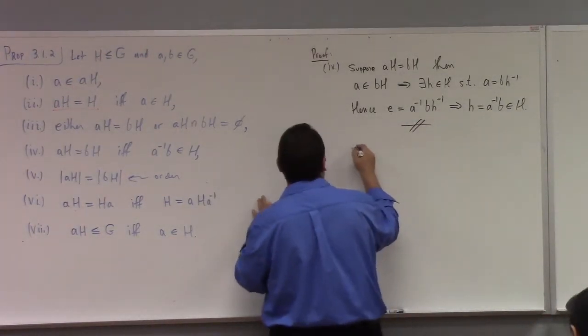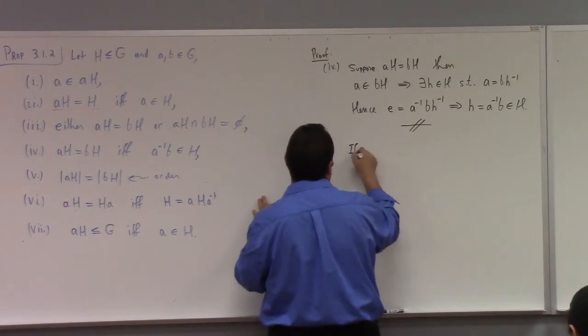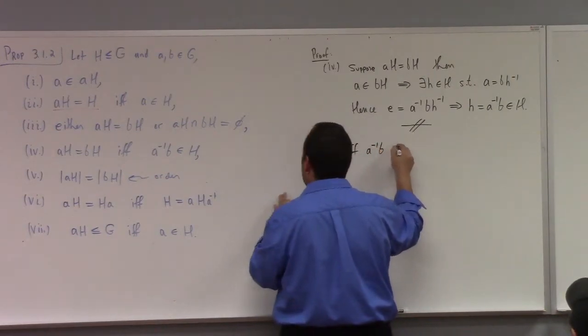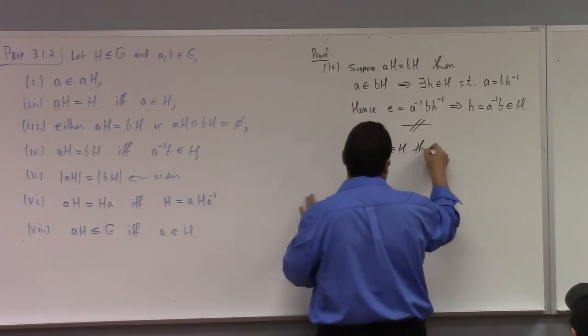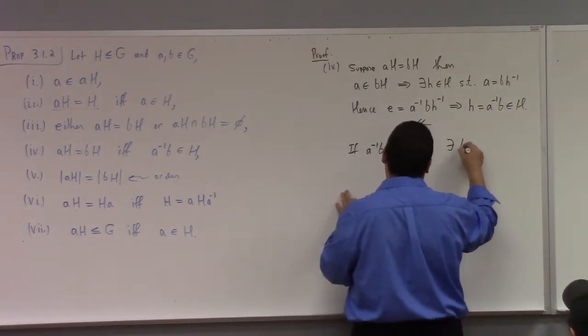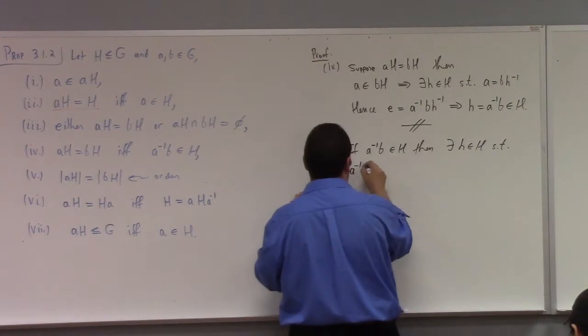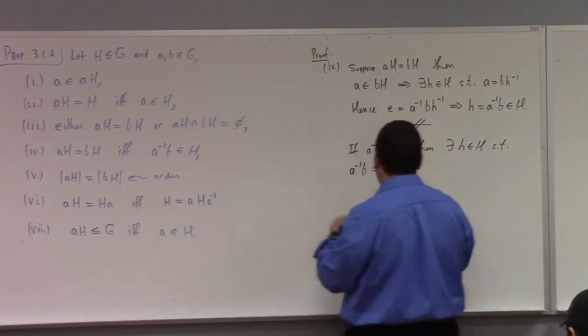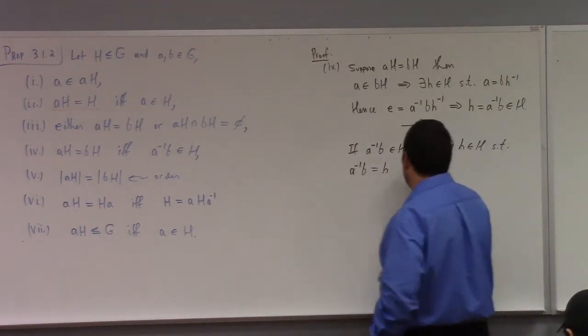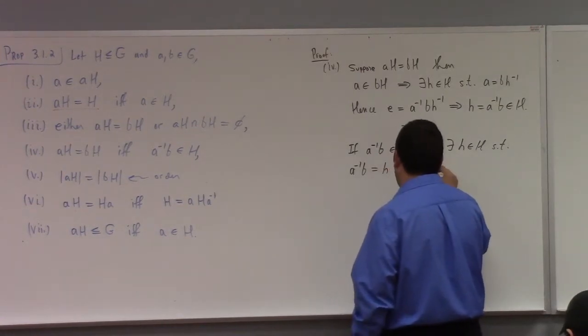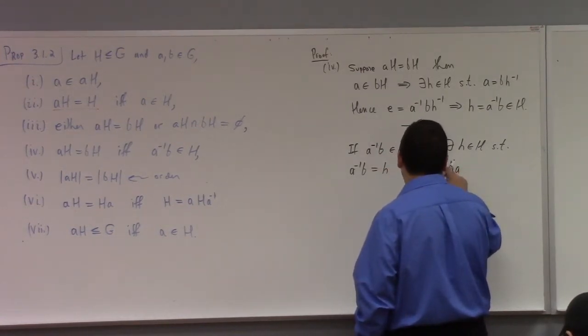The other direction, if A inverse B is an element of H, then there exists H in H such that A inverse B is equal to H. Thus, B is equal to Ha.